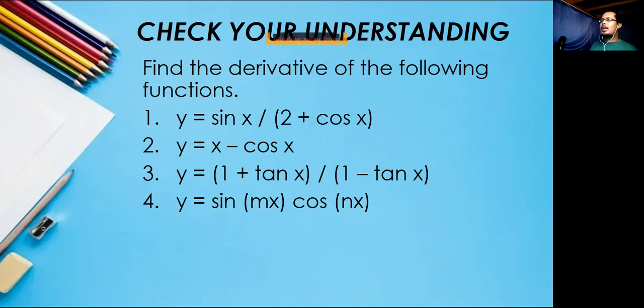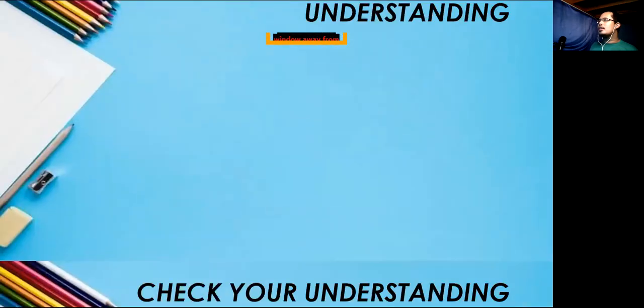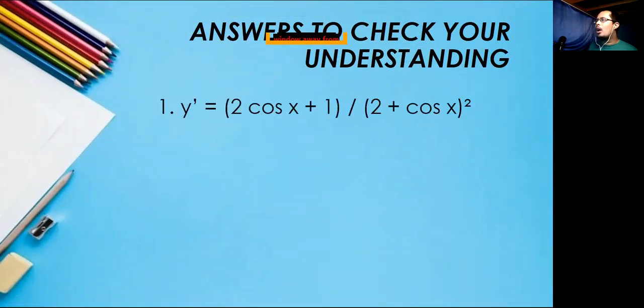Let's check your answers and solutions. Let's see if you got it right. For number 1, the answer is y prime equal to 2 cosine of x plus 1 over 2 plus cosine x squared. For number 2, y prime, or the first derivative, is 1 plus sine of x.